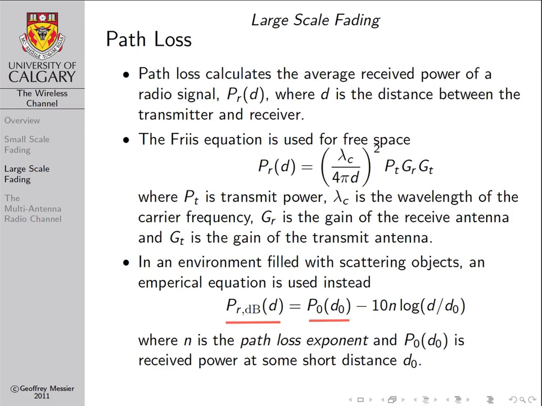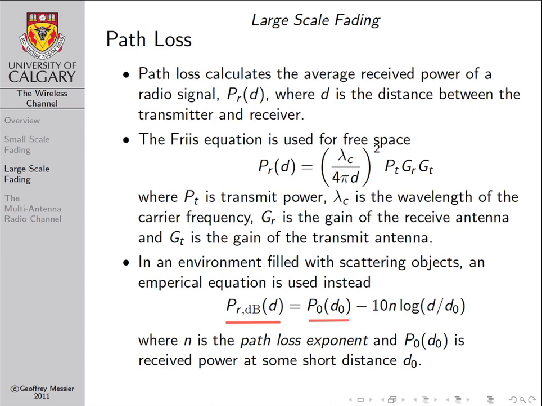Now, this reference distance is usually fairly close to the antenna, far enough away that you're in the far field of the antenna, but still very close so that there's not any obstacles between the transmitter and the receiver. And so D naught is typically chosen as a meter or 2 meters.